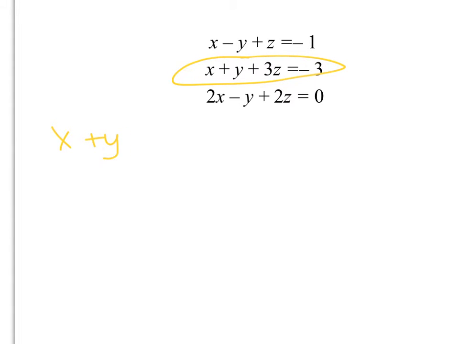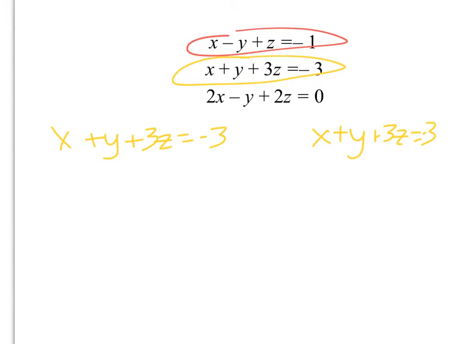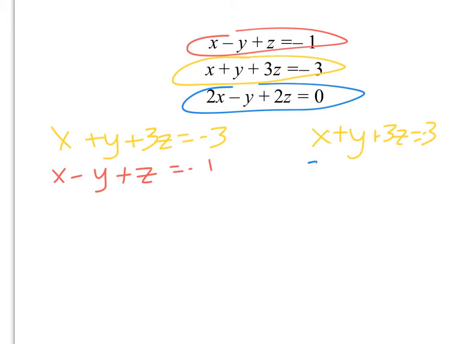X plus y plus 3z equals -3. And then I'm going to use the first equation, x minus y plus z equals -1, and third equation, 2x minus y plus 2z equals 0.